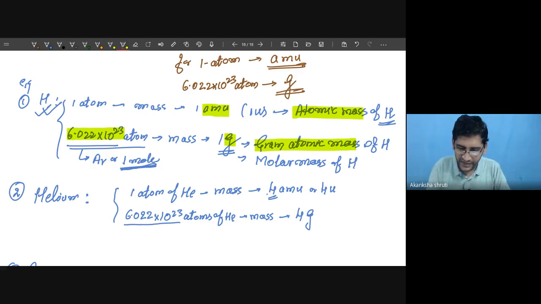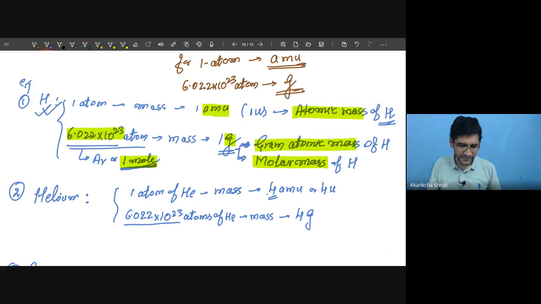So it's called the gram atomic mass. This number is also called mole or 1 mole. So this gram atomic mass is the same as the molar mass. Okay, student. So gram atomic mass and molar mass are the same quantity, and it comes from the Avogadro number of that atom.